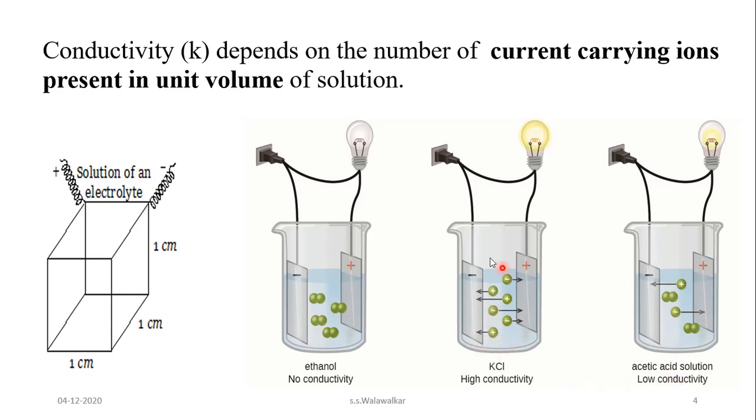Here it is a strong electrolyte, so it has high conductivity due to the large number of positive and negative ions present in unit volume. And the acetic acid solution is a weak electrolyte, which dissociates to little extent, and therefore the number of ions in a unit volume is less, and therefore low conductivity.